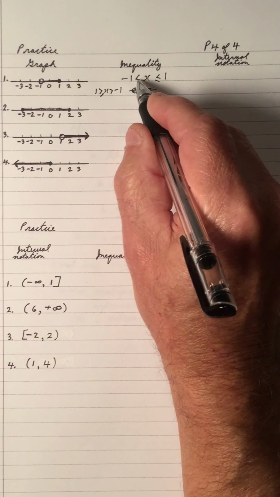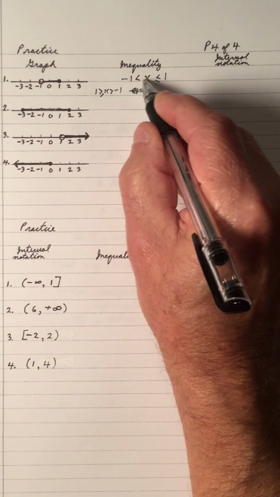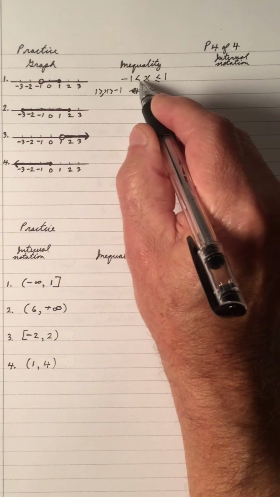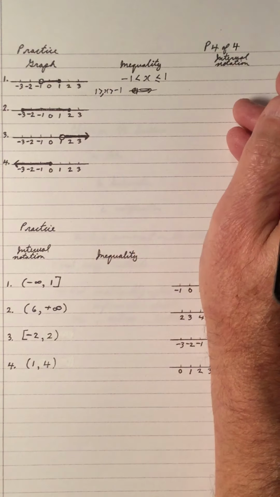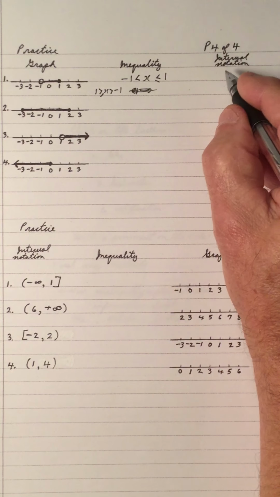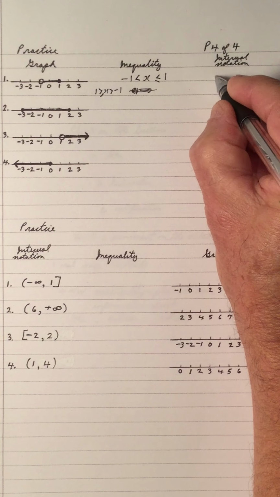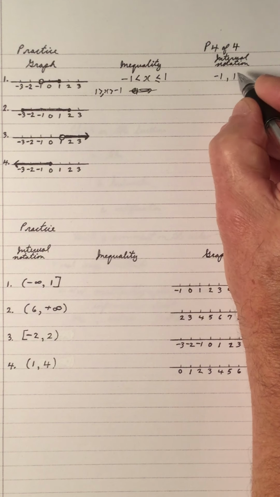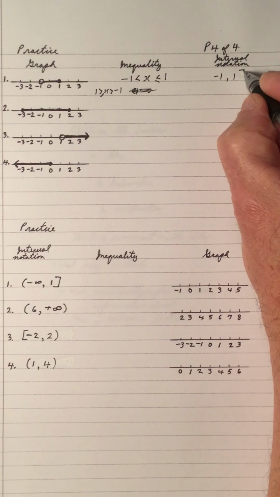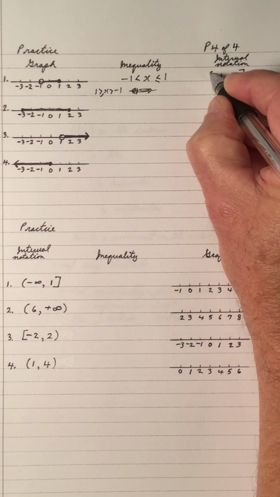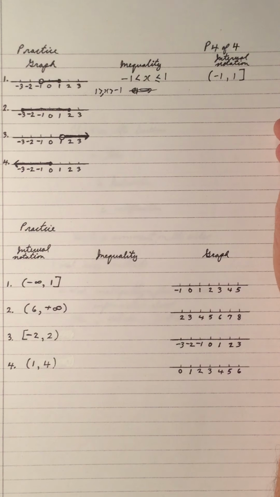But when I do inequalities in between like this, I like to go smallest number on the left, largest number on the right, which is obeying the number line. So we have a -1 and a 1. And so 1 is included, so it's a square bracket. This one is not included.